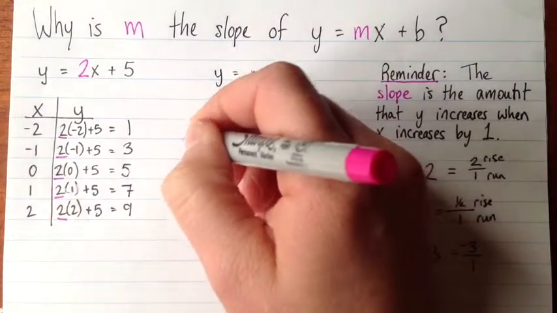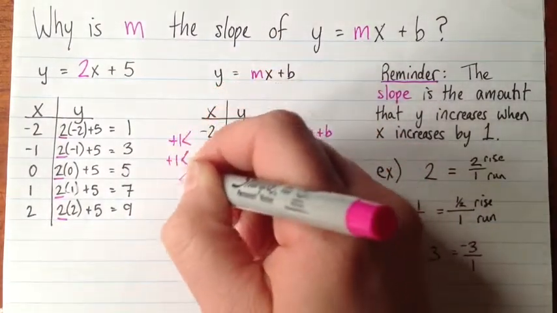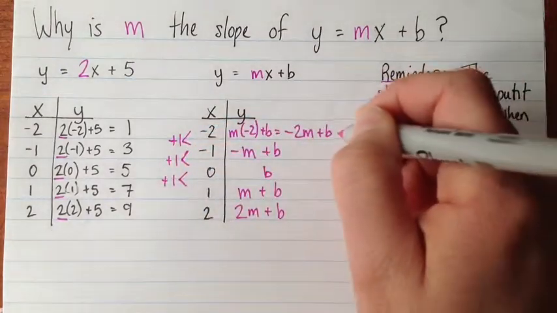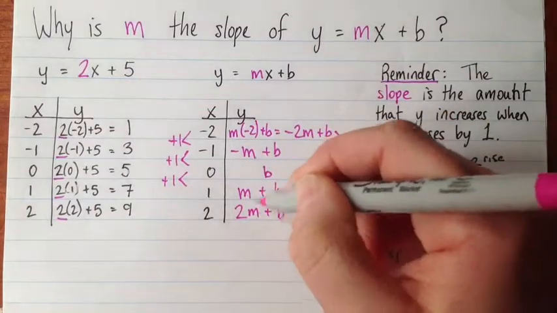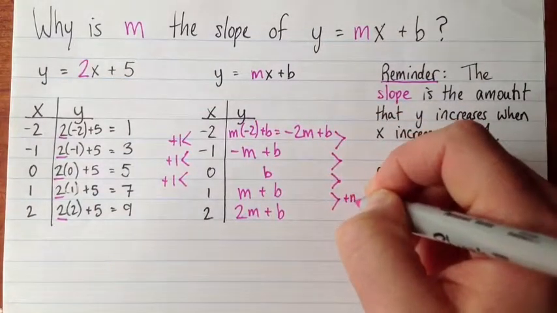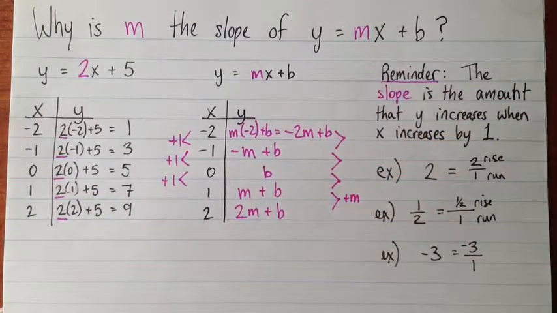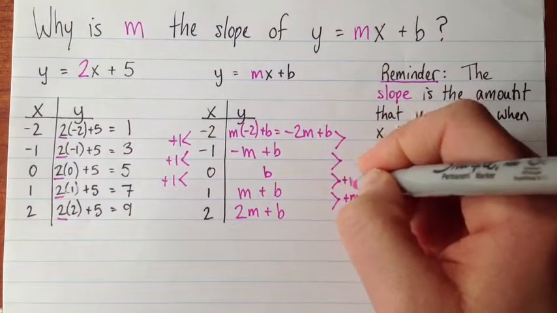So what's happening here is that the x values are going up by 1, plus 1, plus 1, and so on. And how much are the y values going up by? From m plus b to 2m plus b, we're increasing by m. From b to m plus b, again we increased by m.